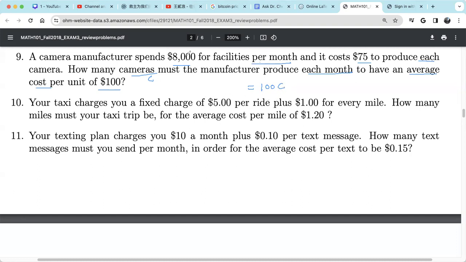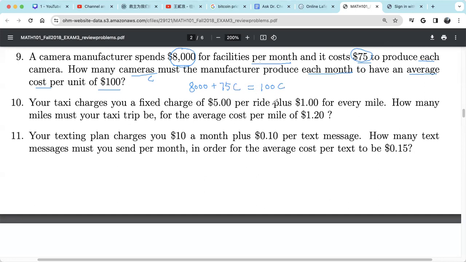On the other side, we have $8,000 per month. So let's write down this one. Each month, we have $8,000. Then for each camera, $75. Each camera, $75. How many cameras? C many.